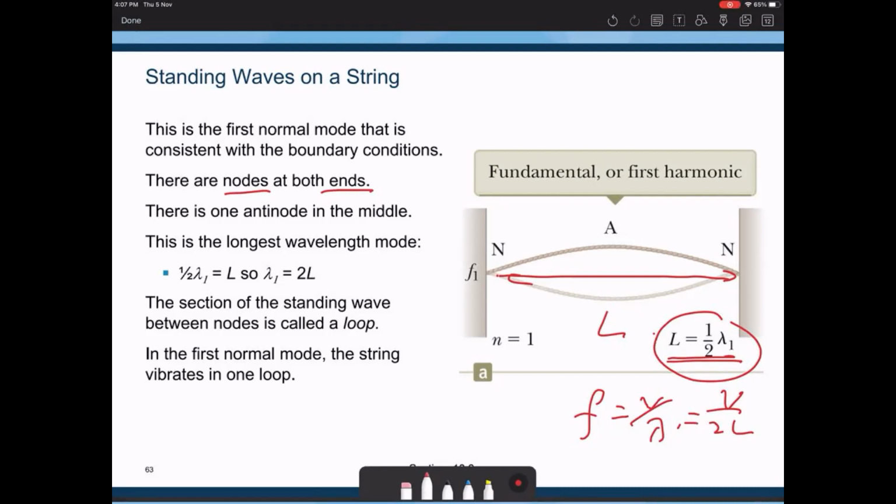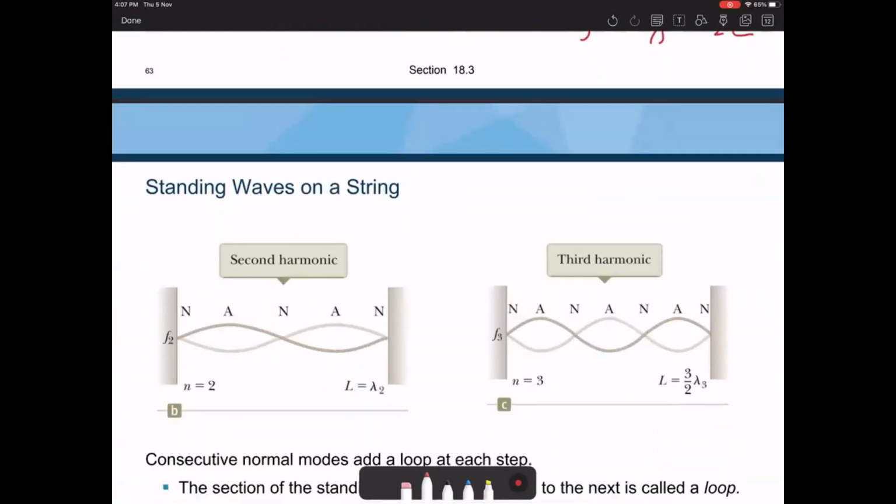You will start to wonder, can we have some other patterns of the standing wave? Yes, we can. The idea is we could put in some other nodes in the middle, just like the case of the string shaking between the two supports.